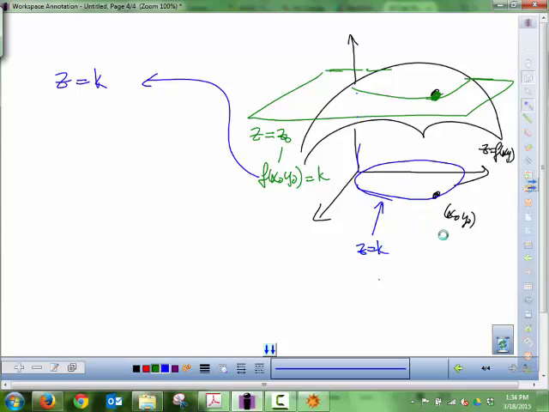What is this called again? Level curve, or contour. So this is a level curve. This is one particular level curve that is cutting the surface at that point, right? So let's take a look at that level curve flat on the xy plane.